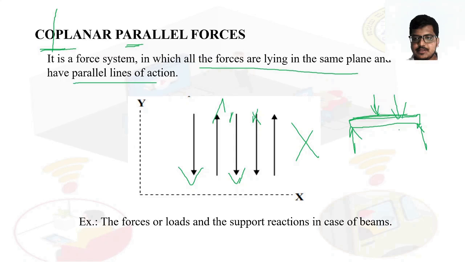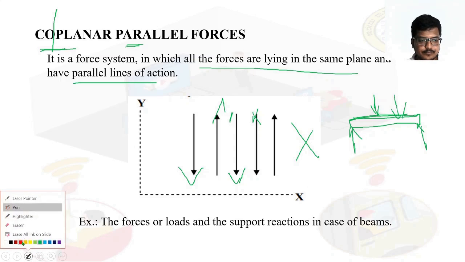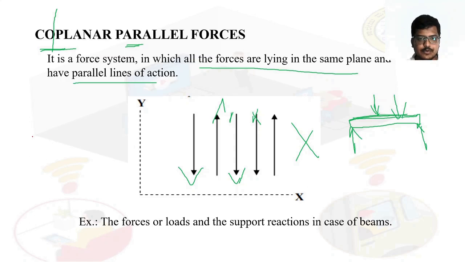Suppose you are placing a load, so consider this as a column, and this is a column, or consider this as a table. This is the tabletop.